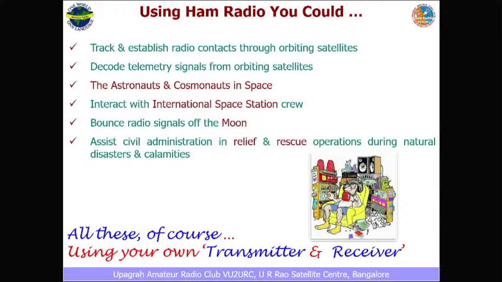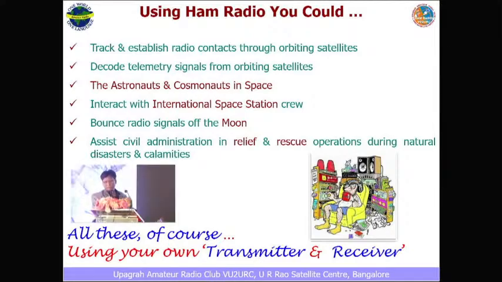And you can interact with the International Space Station. Almost all the astronauts and cosmonauts aboard the International Space Station are amateur radio operators with a license. You can also bounce radio signals off the moon. Just imagine sending your signals from Earth 4 lakh kilometers and using the moon as a passive reflector.